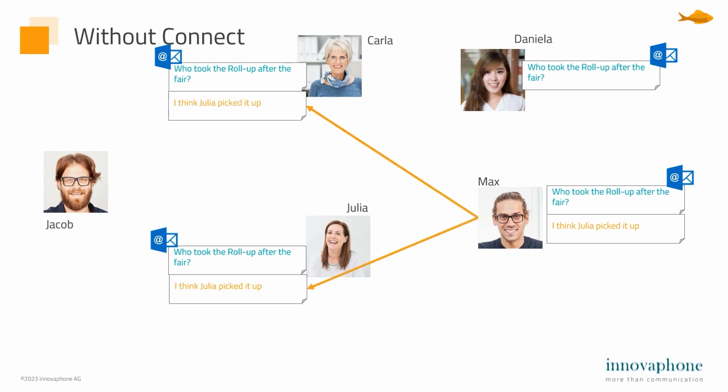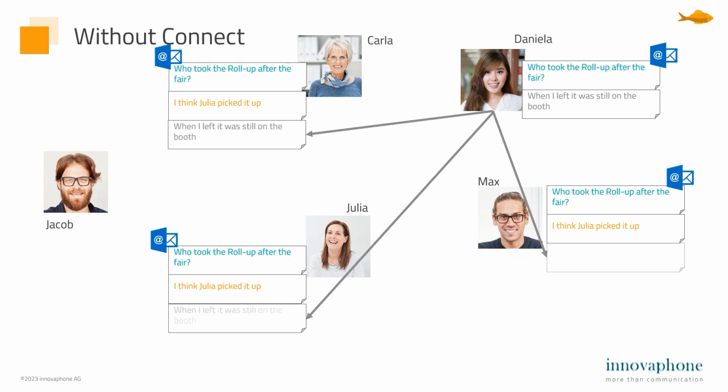Max is replying to Julia and Carla, "I think Julia picked it up." Daniela is replying without having seen the email of Max because she was not on CC, "When I left, it was still on the booth."